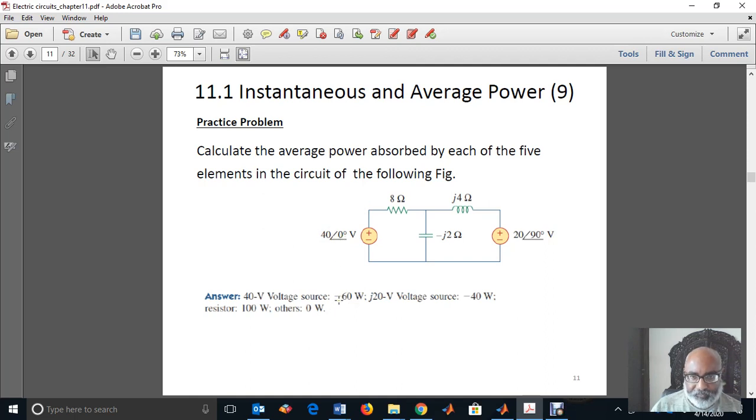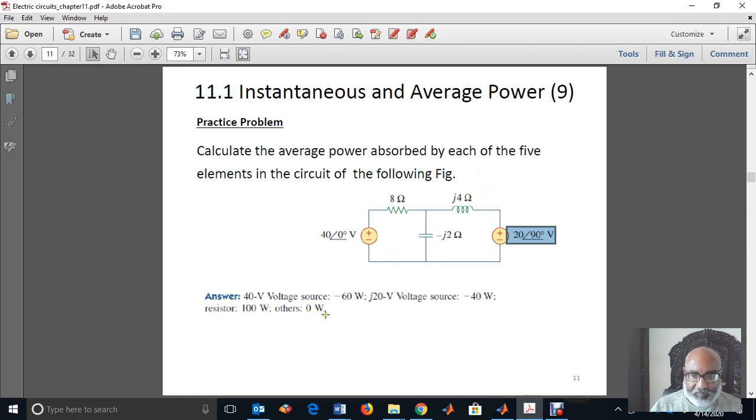the power absorbed is minus 60 watt. The power absorbed minus 60 means it is supplied. So it is supplying the power. And the power absorbed by this source is minus 40, which means it is also supplying power. And the power absorbed by the resistor is 100 watt.